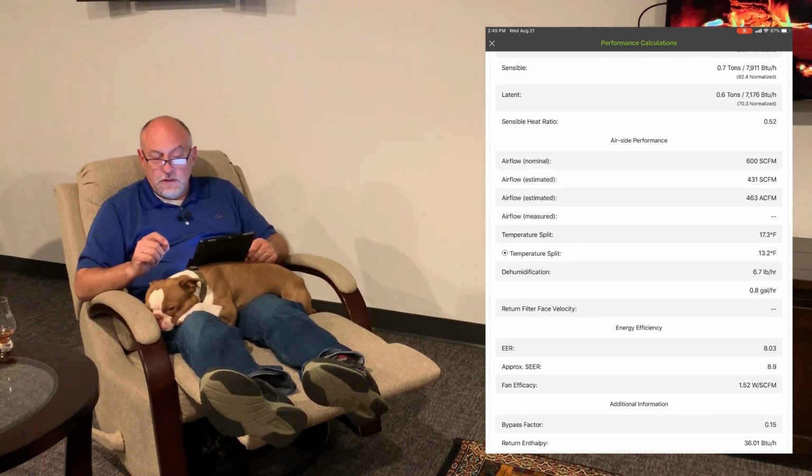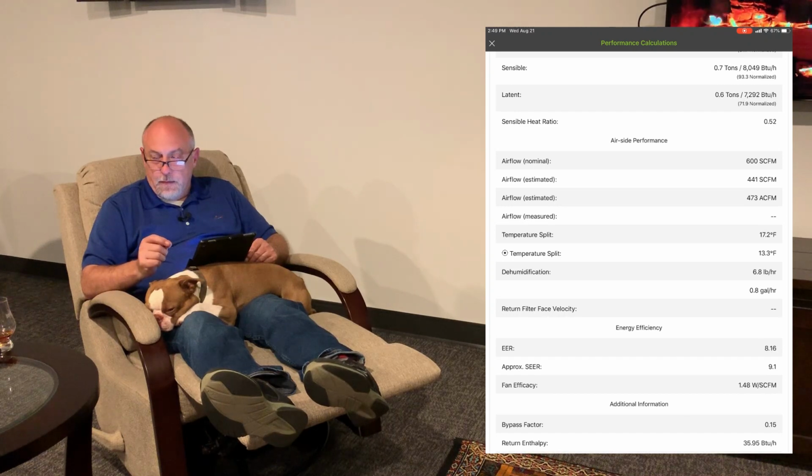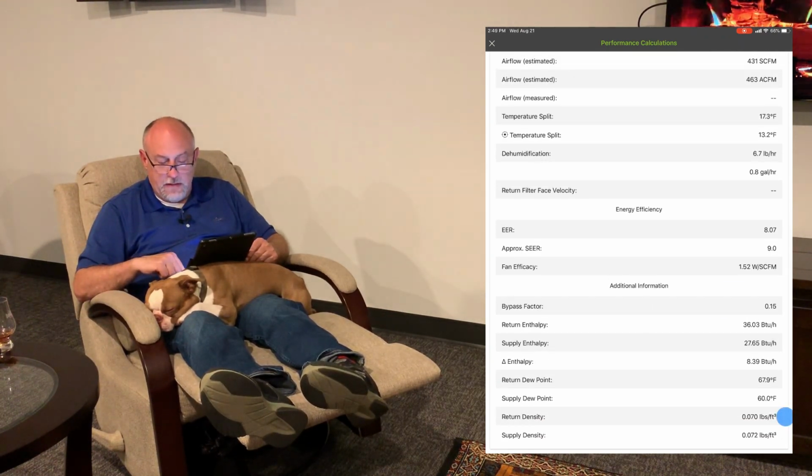Now, standard airflow is a mass flow rate. So if we took 400 standard CFM, that'd be 400 times 0.075. 1 cubic foot of air weighs 0.075 pounds per cubic foot. That's 30 pounds per minute per ton. And it would take 473 actual CFM of the air we have today, because if we scroll down to the bottom here, you'll see it's 0.70.